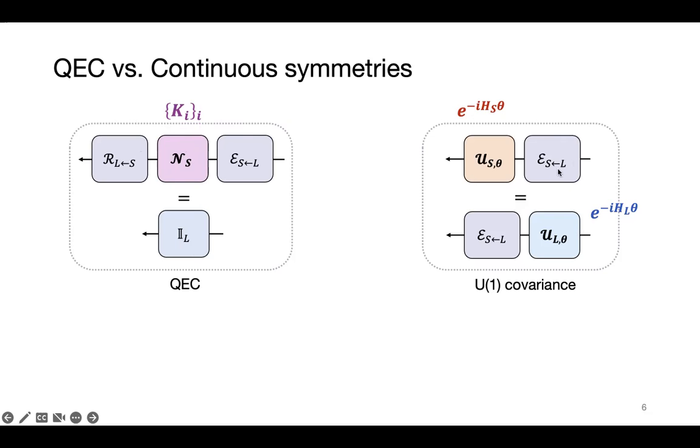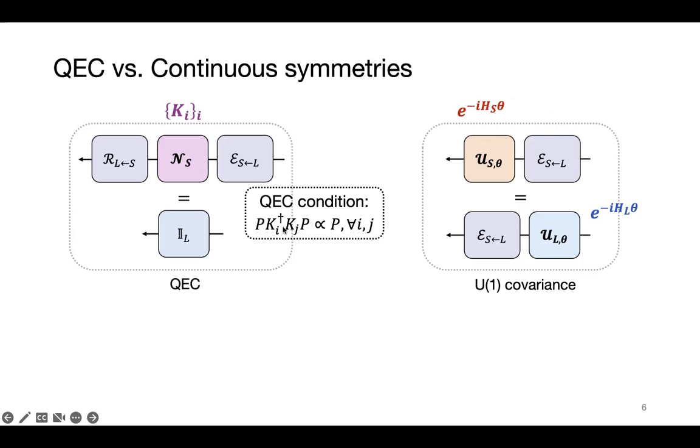And I'm going to consider U1 symmetry group in this work. So I'm going to consider the code that respects U1 symmetry, which is called U1 covariant code. And it describes the case where the logical Hamiltonian evolution generated by HL is equivalent to the physical Hamiltonian evolution generated by HS, while theta is just an arbitrary real number.